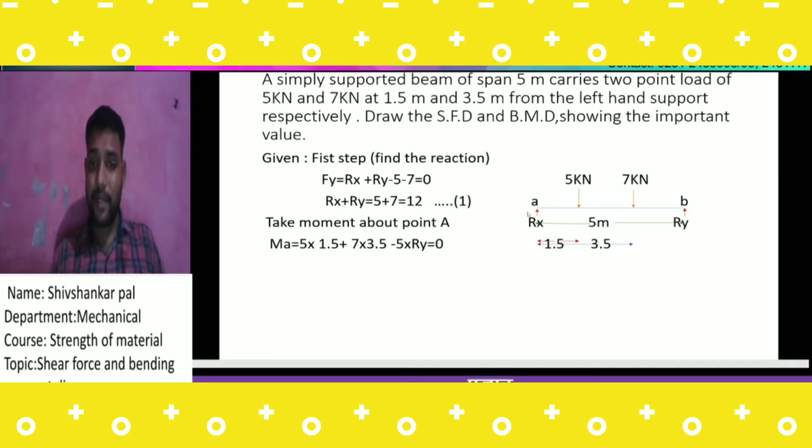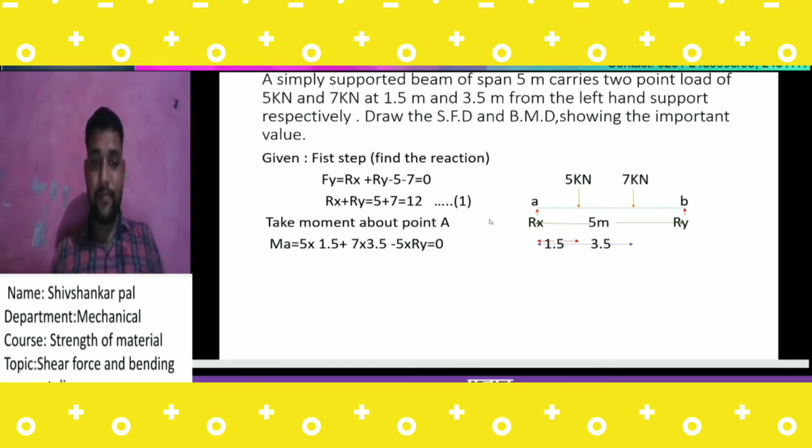When I take the moment about A, the load Rx applied at A gives zero moment, which means only one variable remains to be found. But if we take the moment about the 5 kN and 7 kN loads, that is a problem.